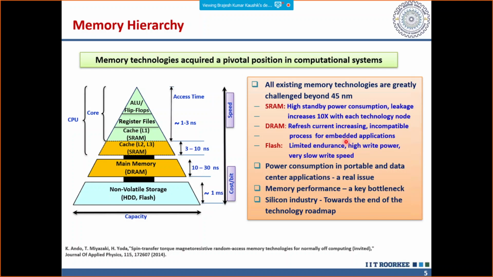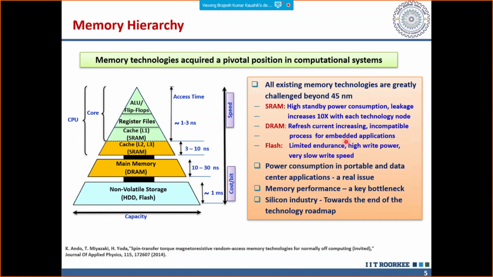Whatever they generate will be taken up by these data centers to keep up the internet users. That is why it becomes very important that these data centers, where you are using mass storage, consume as little power as possible.